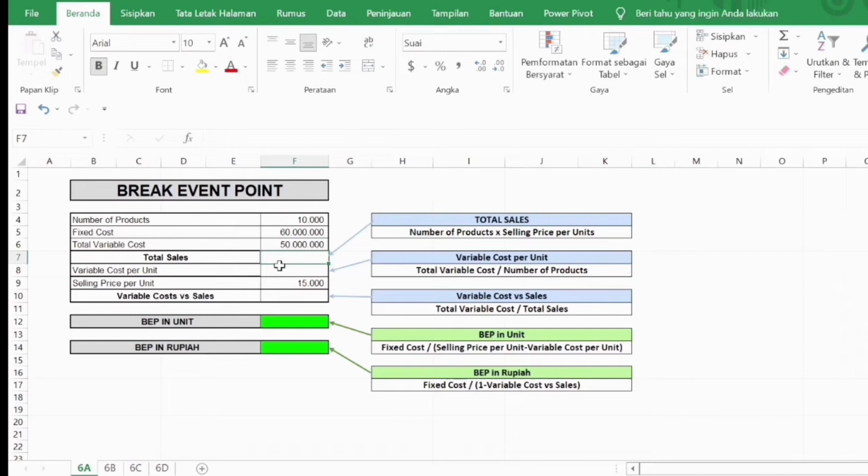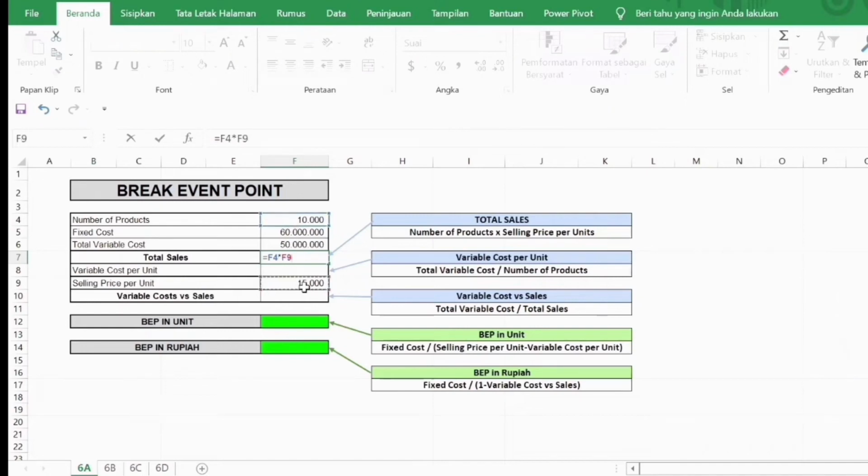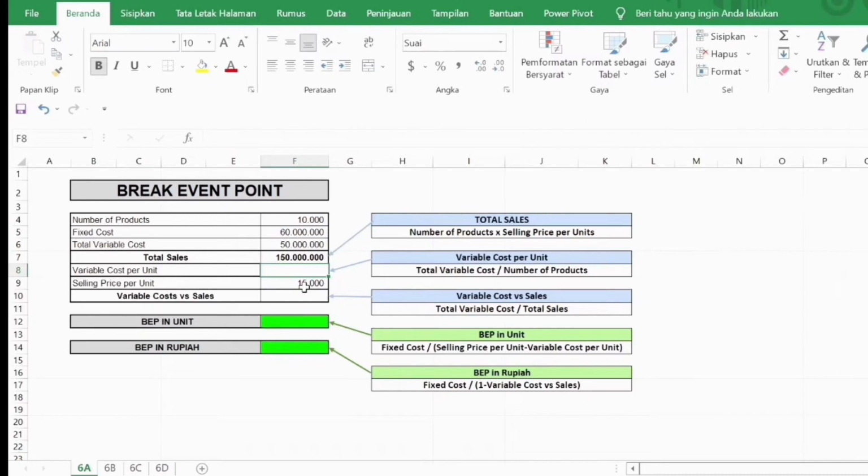Before we calculate the BEP, we have to know the total sales. Total sales equal number of product multiplied by selling price per unit. Enter.